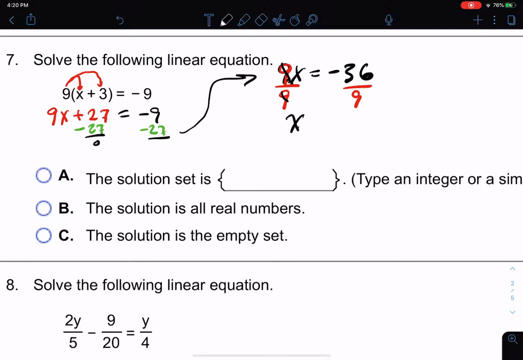We get x equals negative 4, and that is our answer. A is the selection you're going to bubble in, but the answer is negative 4 is the solution to that problem.